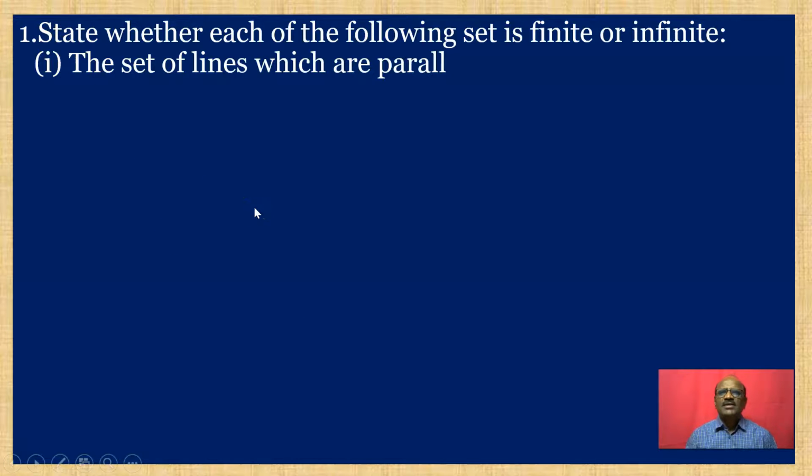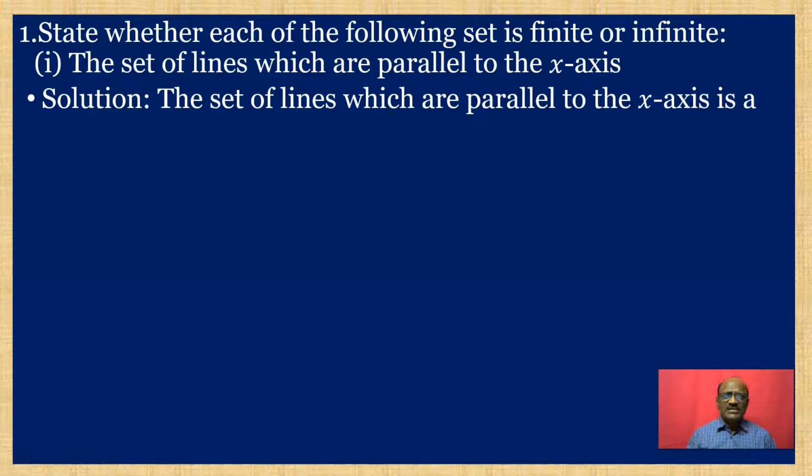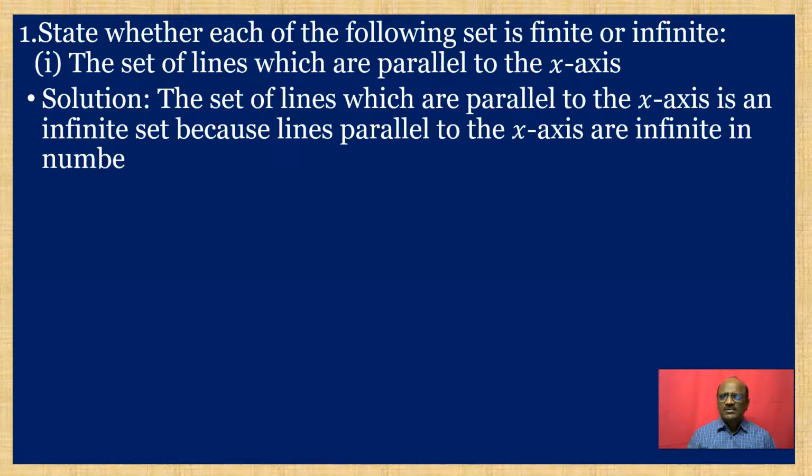Let it be. The set of lines which are parallel to x-axis. We have an infinite number of lines which are parallel to x-axis. The set of lines which are parallel to the x-axis is infinite because the lines parallel to x-axis are infinite in number.